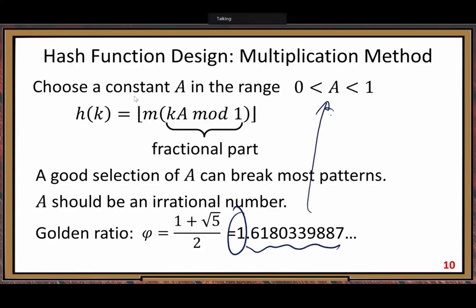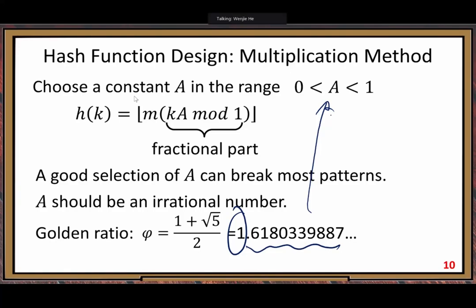Because this number has no specific patterns, it is pretty much random digits, close to random digits. This random property breaks all the patterns.